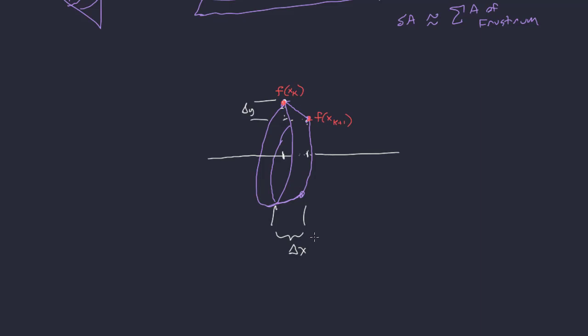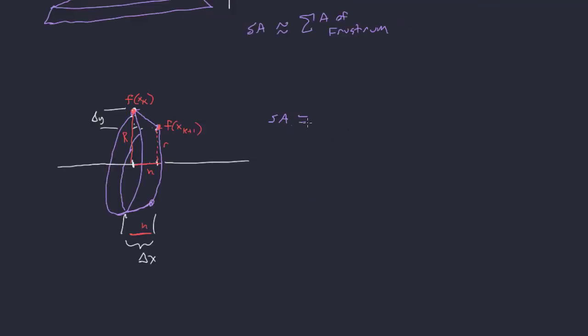Now, the surface area of a frustum, that's not one I expect people to just know, but when you look it up, you find that you get this formula. It ends up being pi times big R plus little r times L. So what are those things? You notice here I've already labeled things in our zoomed in frustum.